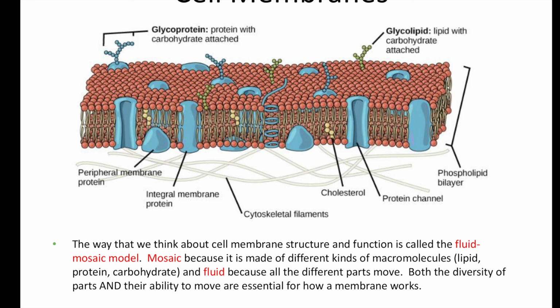And so membrane fluidity is a big deal. You can change membrane fluidity pretty dramatically by changing what kind of phospholipids are in there. And it affects how they interact with these proteins that have to move in this membrane, and how that membrane can do its job.